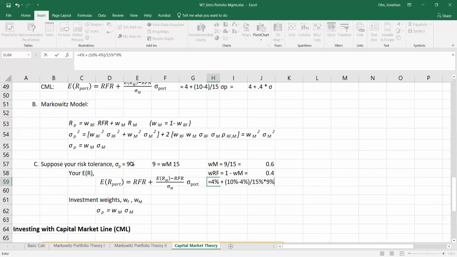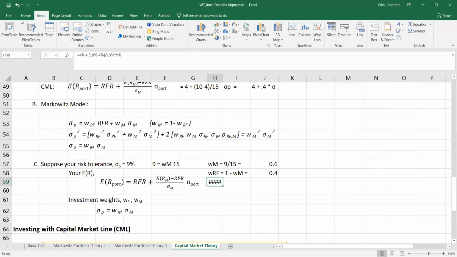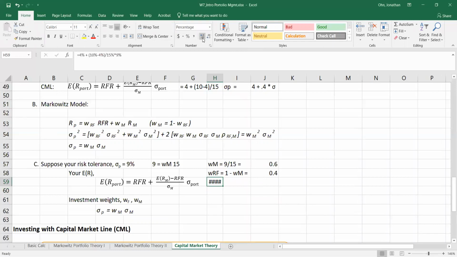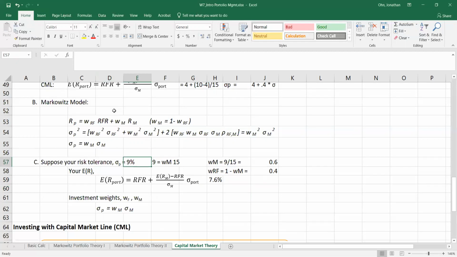The risk tolerance is 9, and I use the capital market line, and this is your expected return. Your expected return is 7.6% based on your risk tolerance level. So if you go conservative, your return will be lower than the market portfolio.